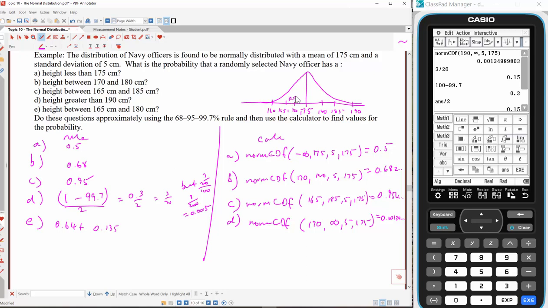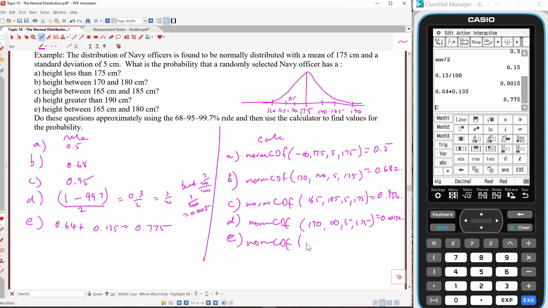Again, go look at your diagram on a previous page. So that's going to be 0.64 plus 0.135, 0.775. All right, again, let's check that out with norm CDF, which is the one you should be using, not this approximation rule, unless it tells you to.